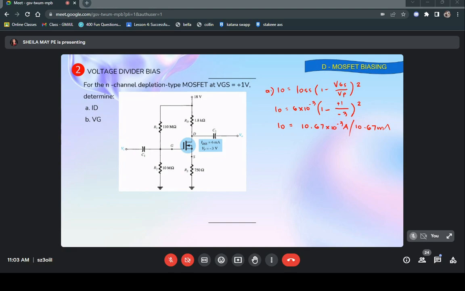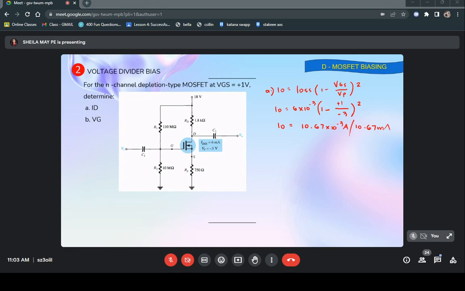That's 12.5 minus 5, that's 7.5 squared, 56.25. The volts cancel. So ID is just 6.75 milliamperes.